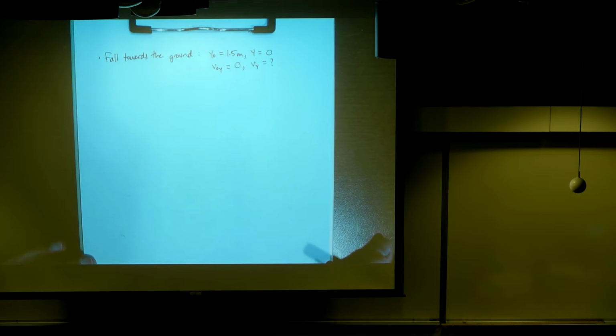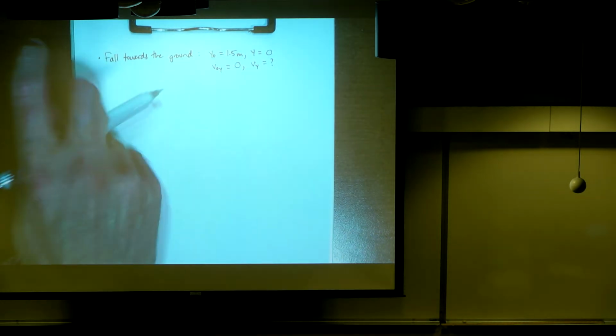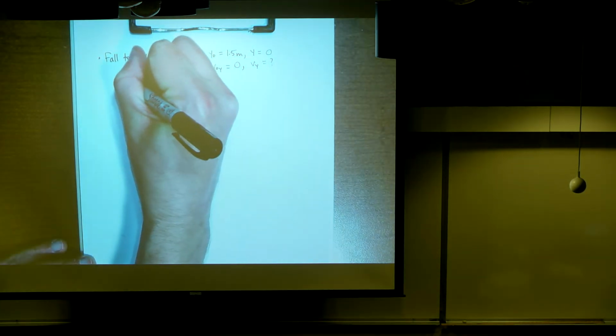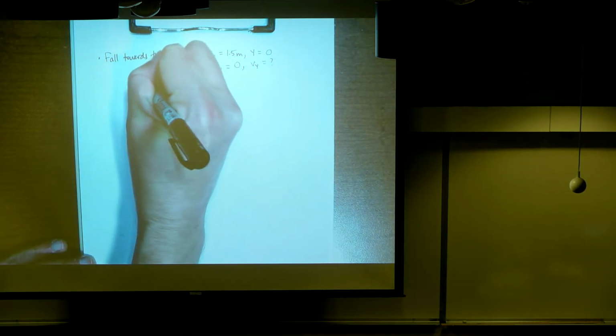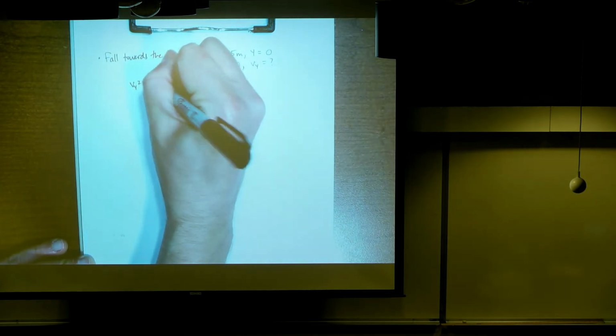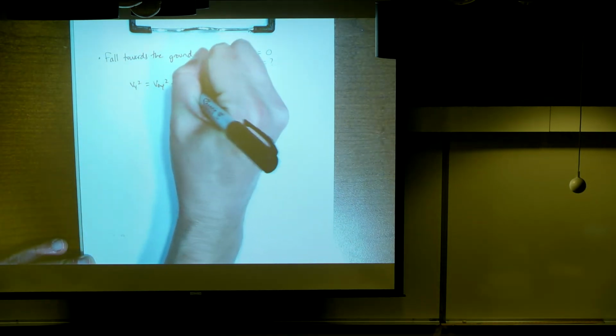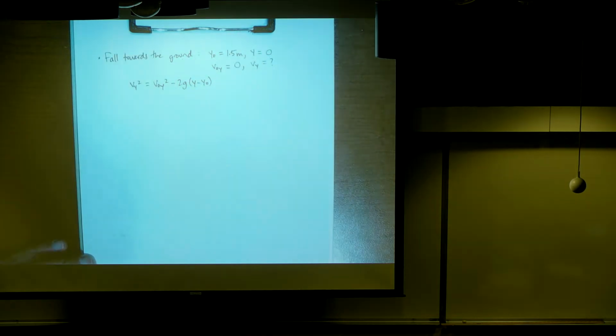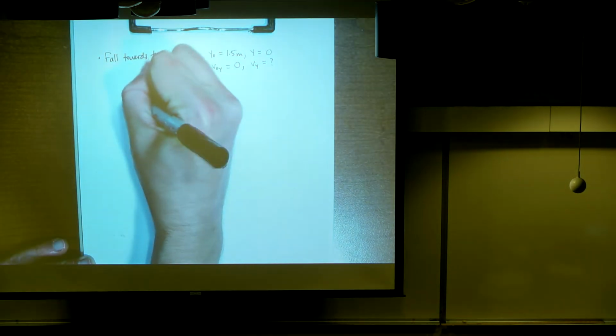It's not the first one we derived. It's the one involving squares, right? Remember this? Vy squared equals v naught y squared minus 2g(y minus y naught). All right, you've seen that before. So I'm solving for Vy.